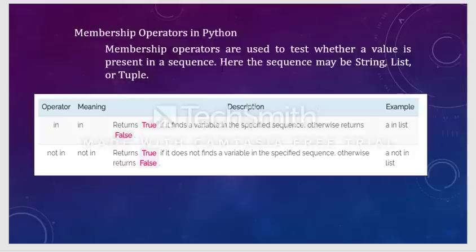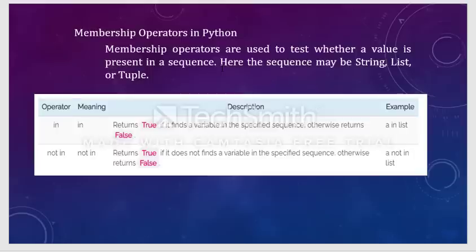What is the answer? You will say yes, it is there because I have given it to you. If I ask whether a banana is in your basket, you say no, because I have not given that to you.